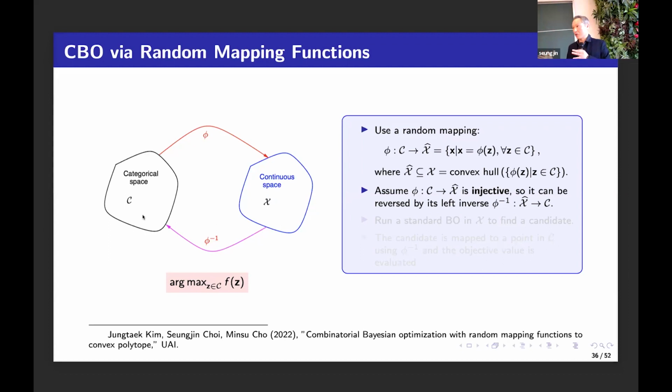This is known as latent space Bayesian optimization, I guess. From categorical space to continuous space, the embedding is done by an encoder, and getting back is the decoder. The encoder-decoder structure is very popular in deep learning.